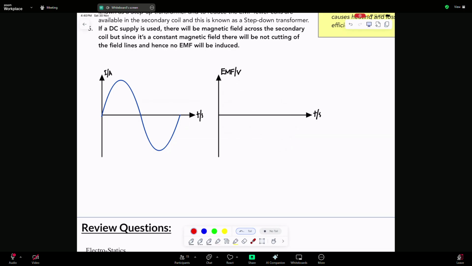Eh? Minus sign. What's the differentiation of sine? Right. Well, my question is very straightforward. You're saying a negative cosine graph.